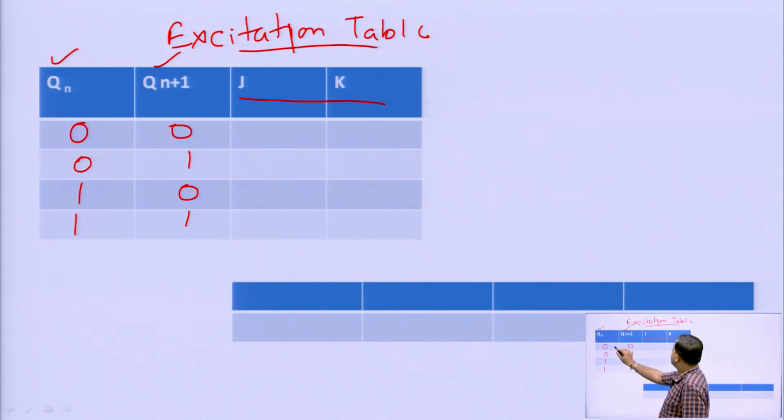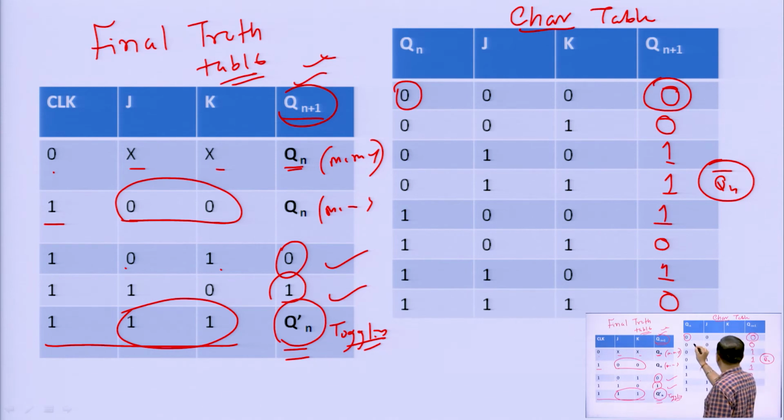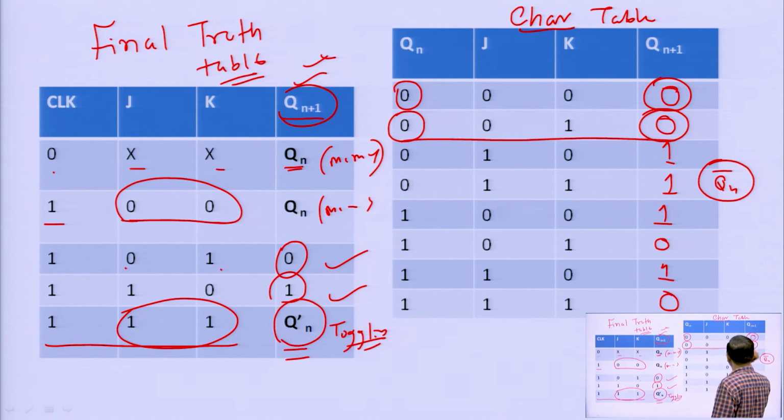So, for Q n = 0 and Q n+1 = 0, let us check. Again here also Q n = 0 and Q n+1 = 0. These two cases will be considered. Here Q n is 0 and Q n+1 is also 0.